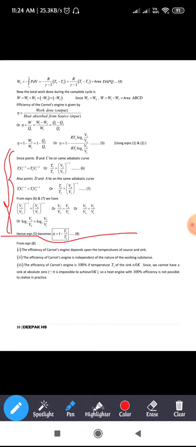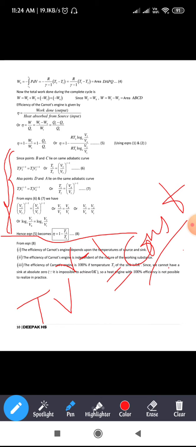A small correction. When I was explaining this equation, I said TV to the power of gamma. It should be TV to the power of gamma minus 1 is equal to constant. I did not say that gamma minus 1; I said TV to the power gamma.